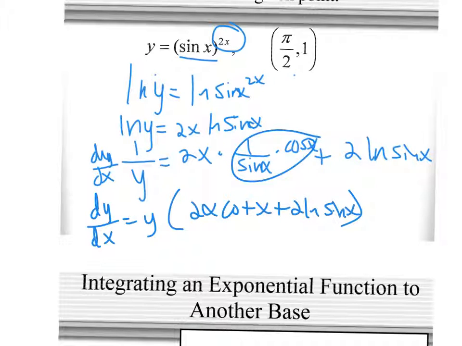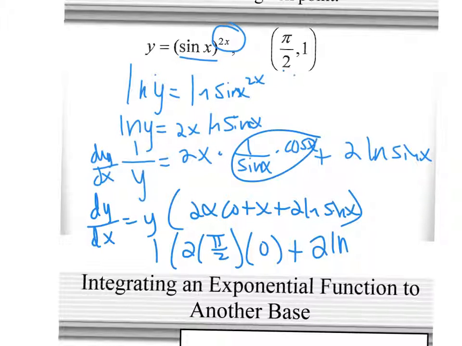Okay, so then from there, plug in your point. So x and y, so we get 1 times 2 times pi over 2, so pi. Cotangent of pi over 2, think about your unit circle, is 0 over 1, which is a 0, plus 2 ln of sine of pi over 2, which is 1.